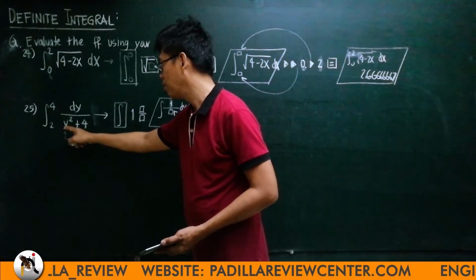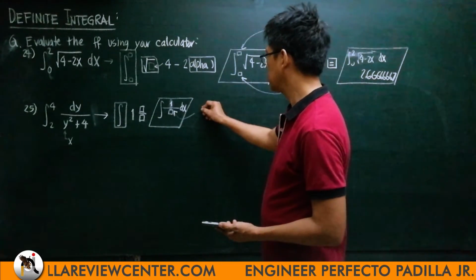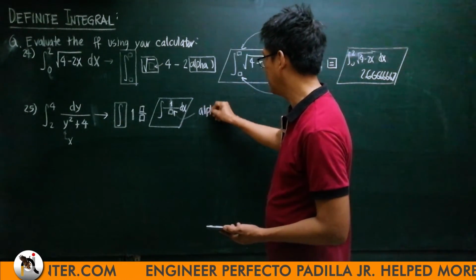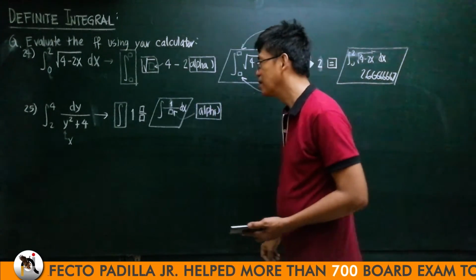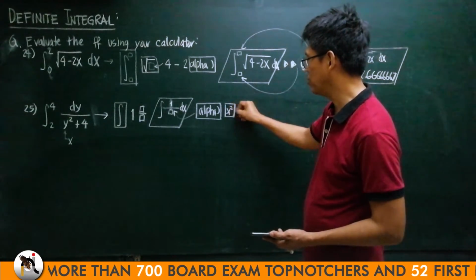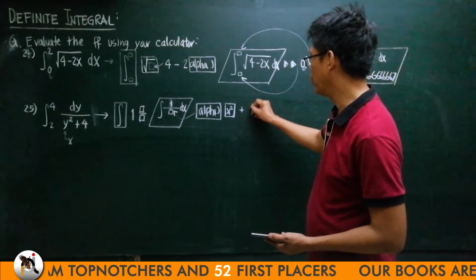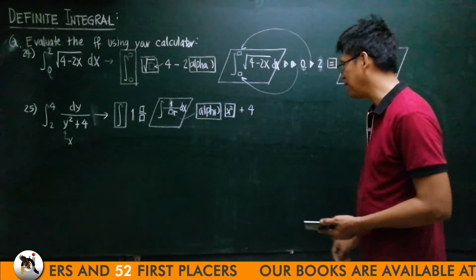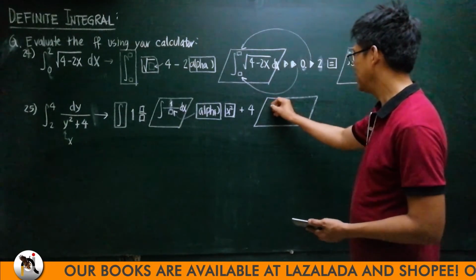Let me repeat, y must be entered for this purpose as x. So alpha, close parenthesis, this is x. Press the squared key, x squared, then plus 4. By this time, your calculator displays this one.